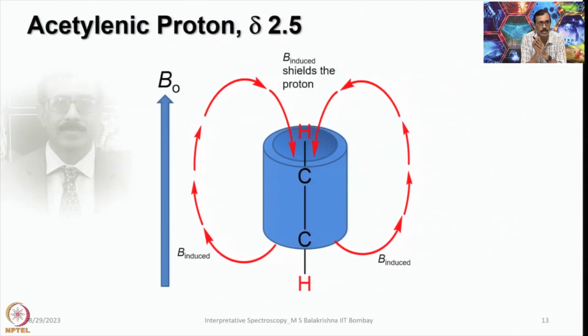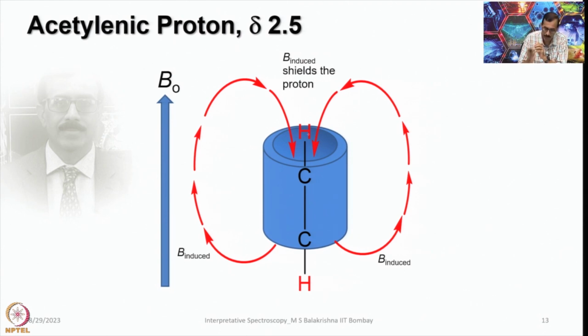And same analogy holds good in case of acetylenic protons also. Here the parallel one is what dominates, and in this case because of the alignment of hydrogen protons in this way, the induced field whatever that we are seeing is opposing the applied field. As a result, what happens?